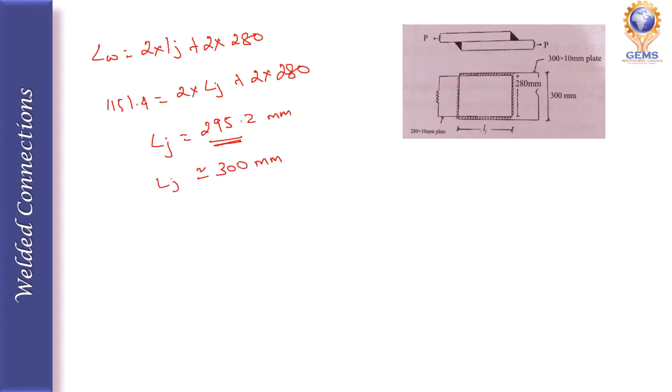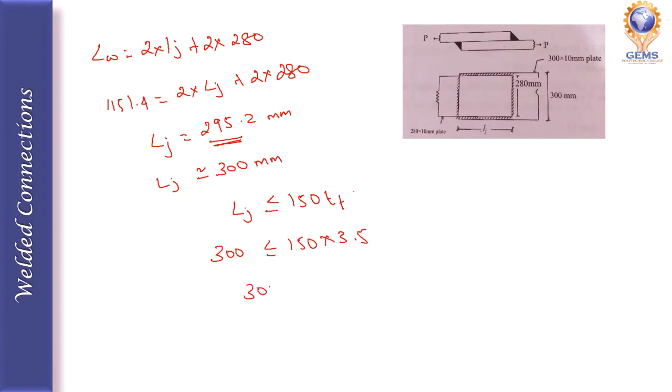In the limit state method, we have to check whether our Lj is less than or equal to 150 times Tt. If it is greater, we have to give the reduction factor. So here our Lj is 300, less than or equal to 150 into 3.5.